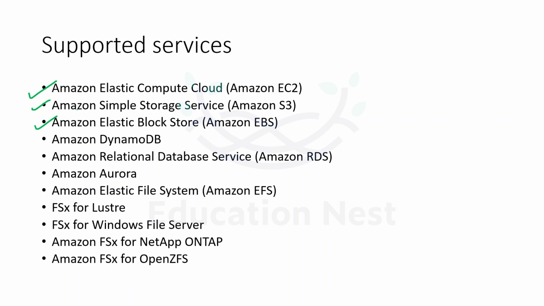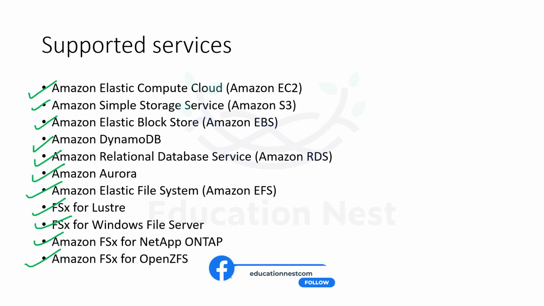So we will just talk about the services which are supported over here: EC2, S3, EBS, DynamoDB, RDS, Aurora, EFS, FSx for Lustre, for Windows, for NetApp, and for OpenZFS. All of these are supported by AWS Backup.